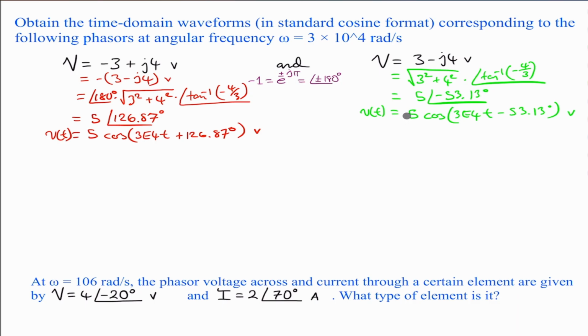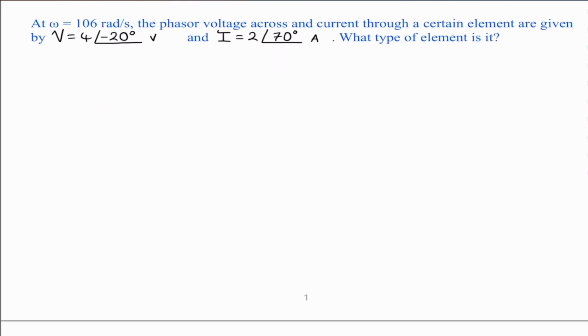So let's go ahead and do the last problem. In the last problem, we have that at an angular frequency of 10 to the 6 radians per second, and that should not be 106, that should be 10 to the 6, so we should have a caret there.